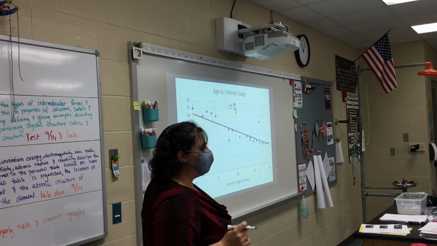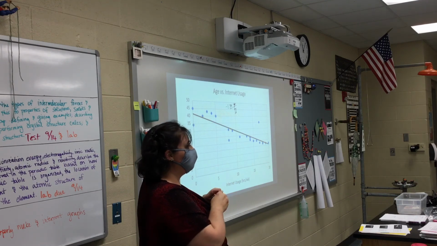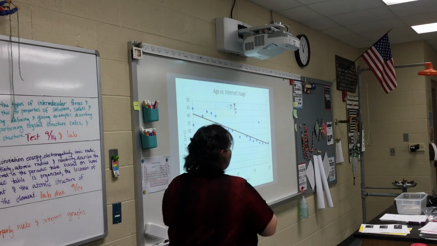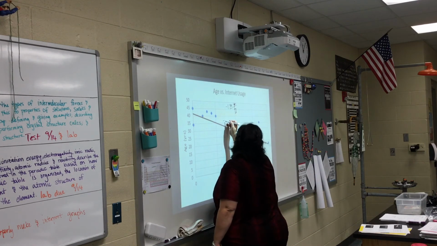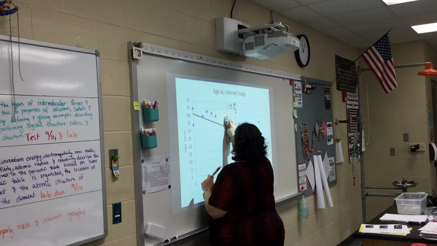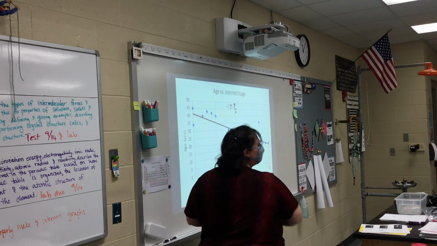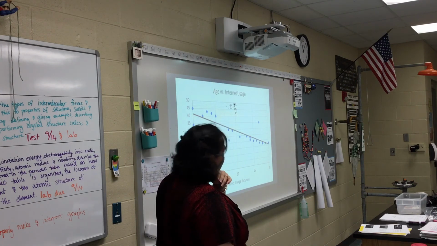Did everybody get something similar to this? Did anybody get something way different? I got -1.26. Negative 1.26. Zane. Sam? I got negative 0.83. Negative 0.83.